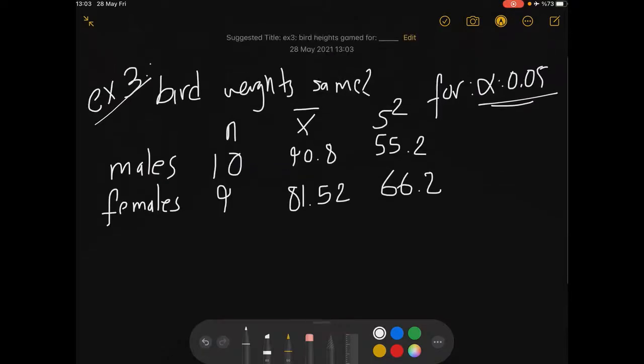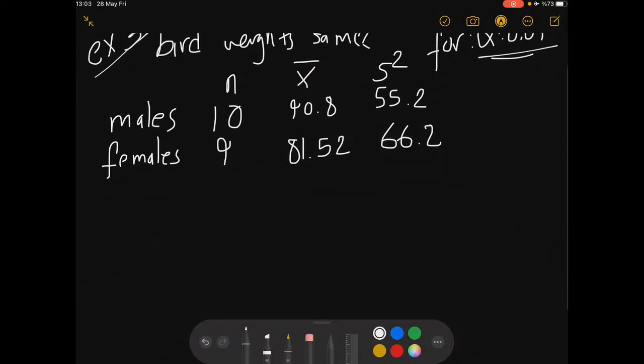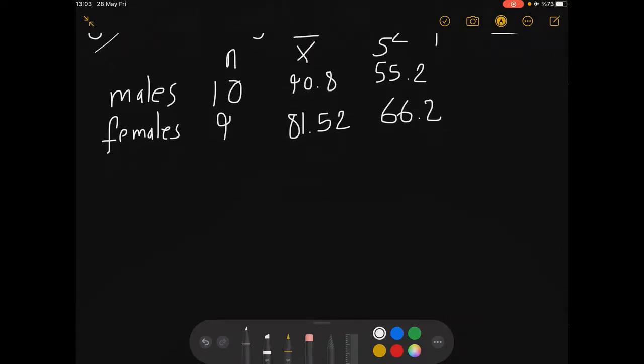All the data are given to us. We have everything, and we have our rejection region, rejection value here. Let's calculate all of them. But the only thing that will be introduced to you here is how we calculate the combined S square.